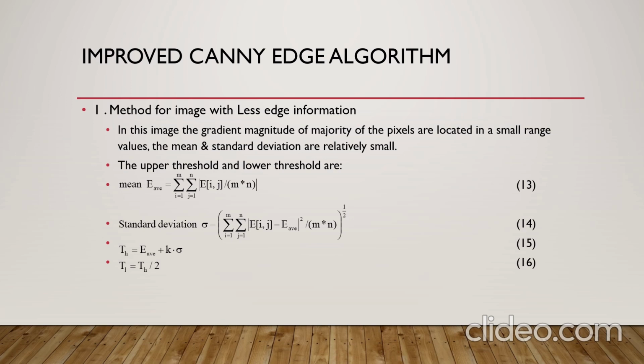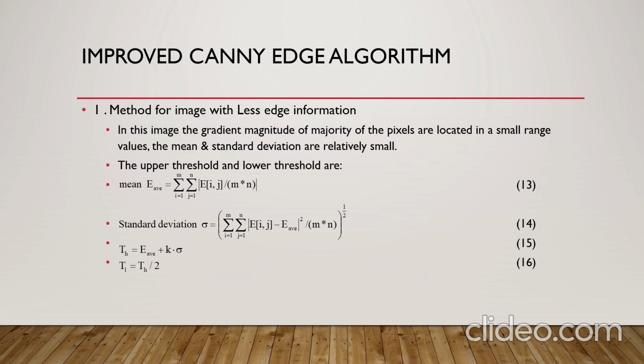The higher threshold value is the average value of the whole image plus k times the standard deviation of the whole image, and the lower threshold value equals the higher threshold value divided by 2.